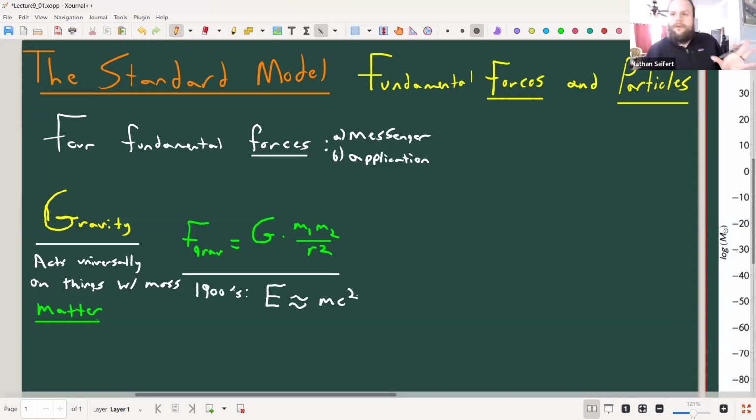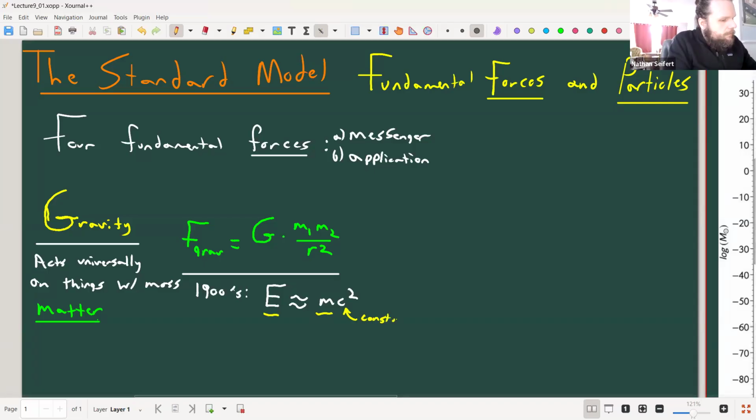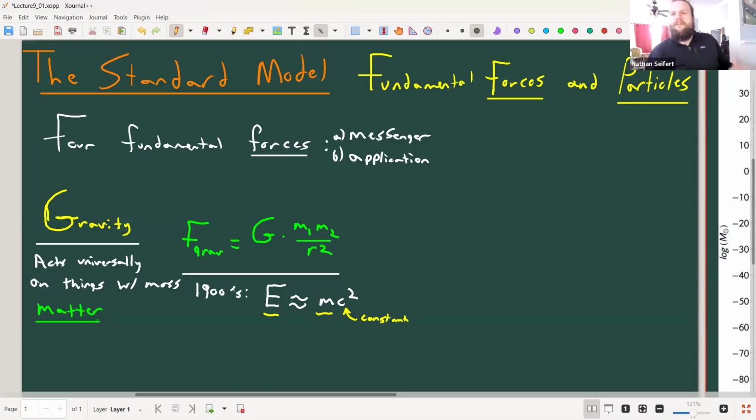By the way, it's only equal to mc squared for something like a photon, for light, moving at the speed of light. But we'll say it's moving close to the speed of light. We can relate energy and mass together. Energy and mass in some sense are the same thing, because this is a constant. So the speed of light gives you a conversion between mass and energy.